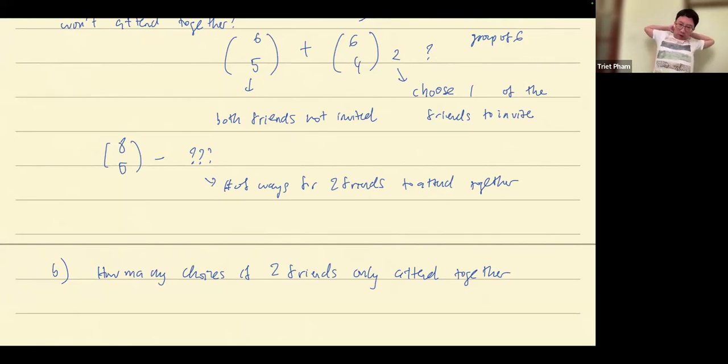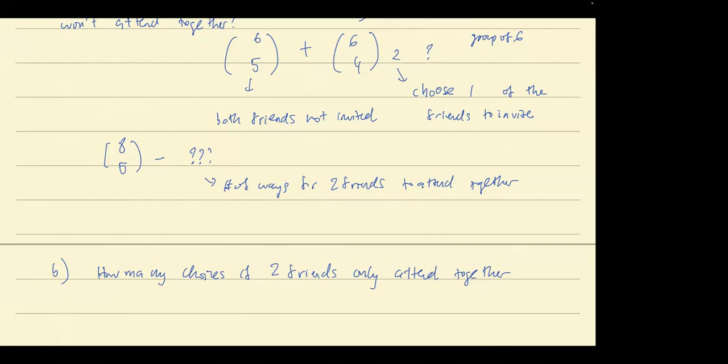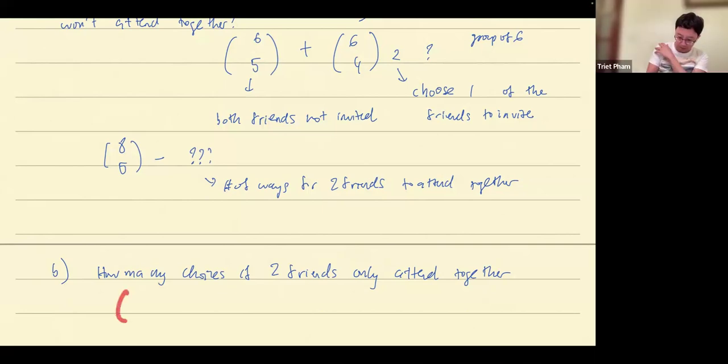Can anyone tell me what the answer here is? Six choose 5 plus 6 choose 3. That's correct, right?